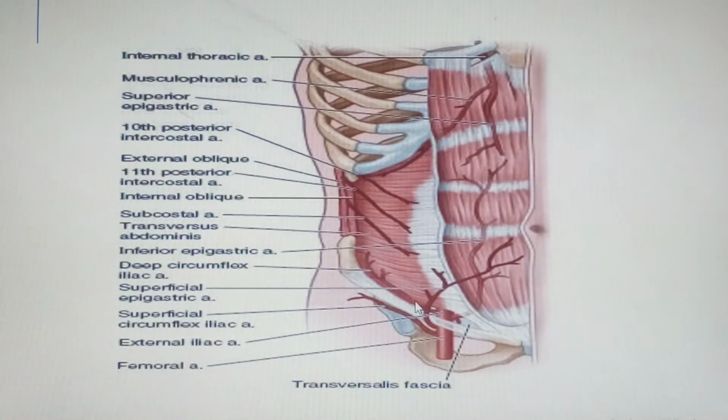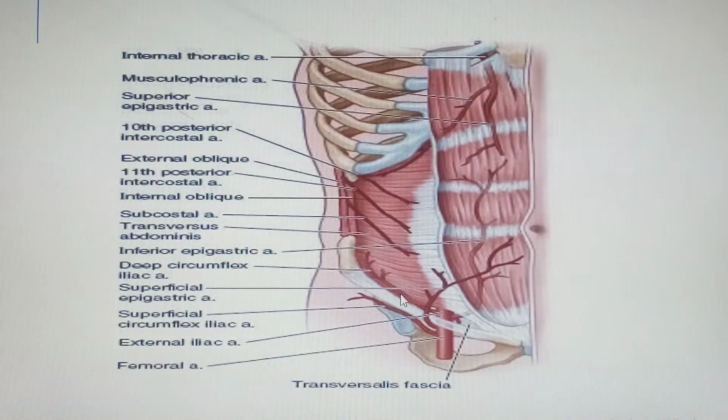This artery, which is also a branch of the external iliac artery, is the deep circumflex iliac artery. I don't need to tell you that it will be important in supplying of course the iliacus muscle. I'll show you the iliacus muscle in the iliac fossa.